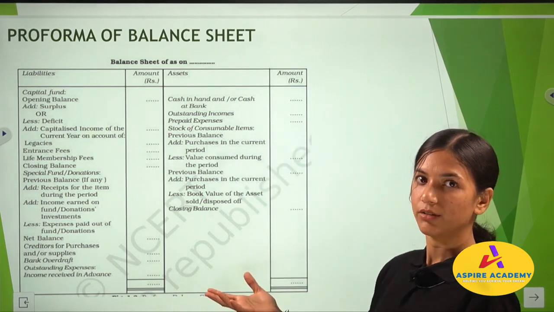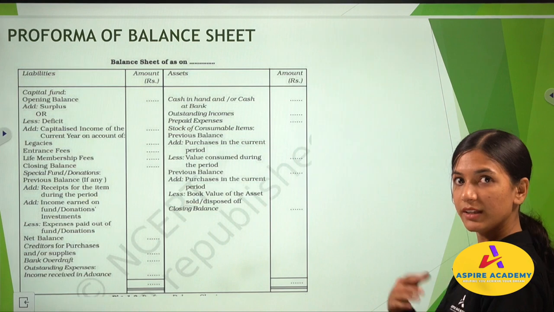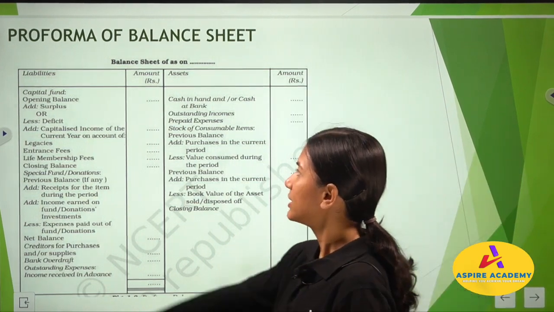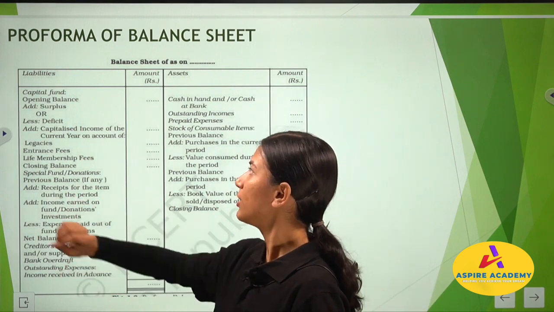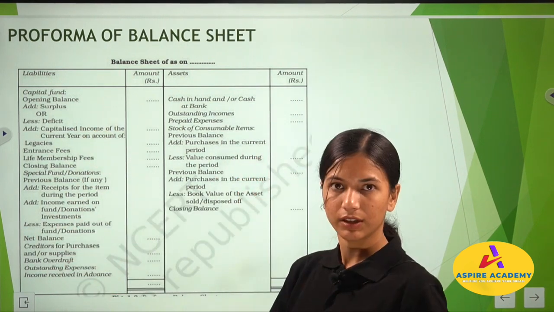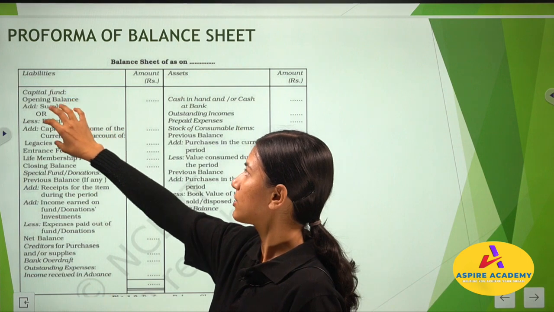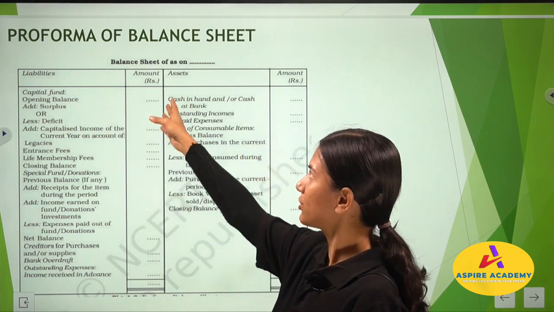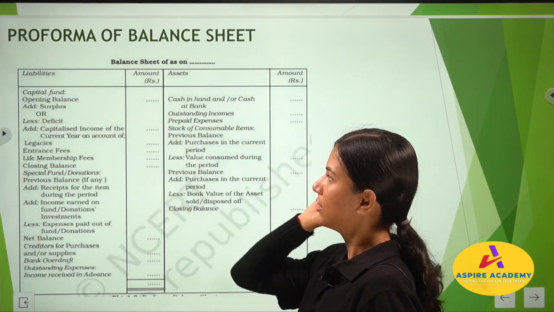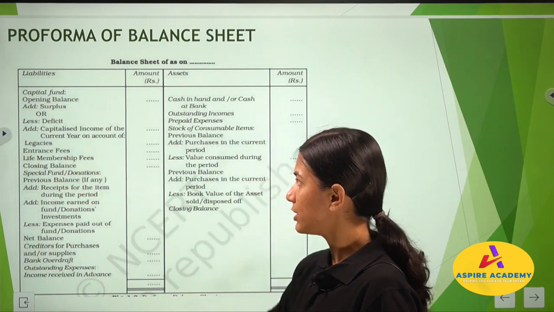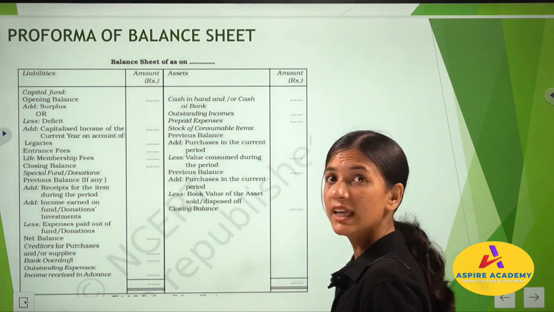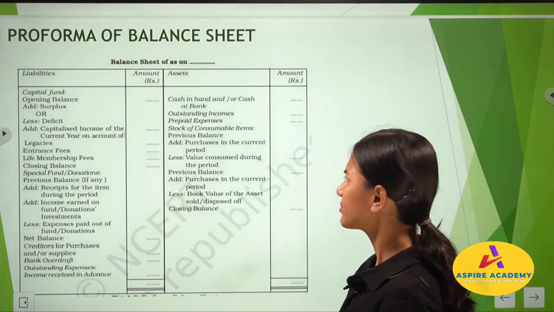Then by using the capital fund you are going to prepare the balance sheet for the next year. Then you add your surplus, less deficit, or your capitalized income if any, and all things are shown in the balance sheet. Then legacies, entrance fees, life membership fees, all are shown on the liabilities side.